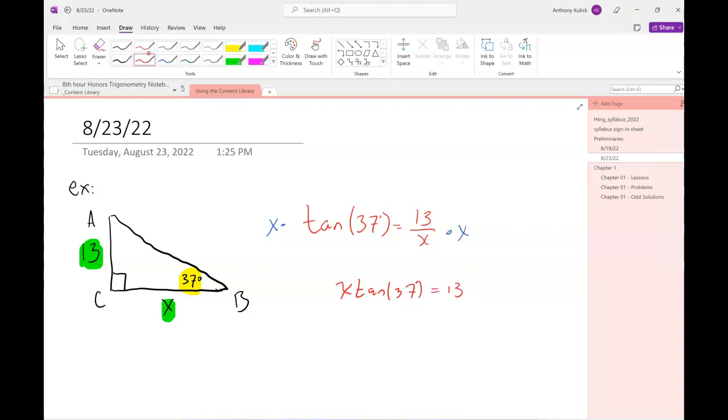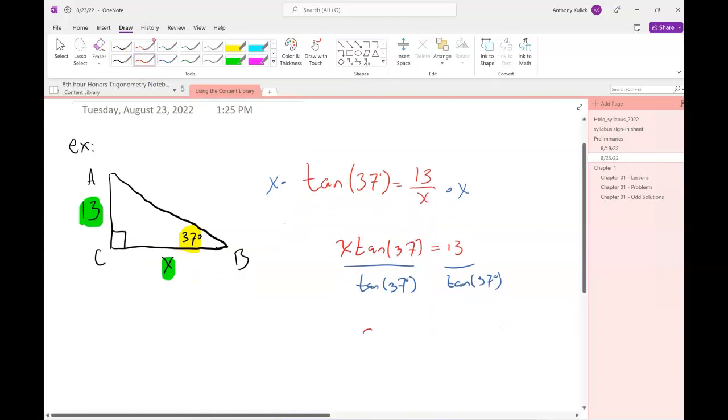And then to get the x by itself completely, divide by tan 37. Remember, tan 37 is just all one number. That's something you could type into your calculator. You get a kooky decimal or whatever, but that's just something that we would type into our calculator.